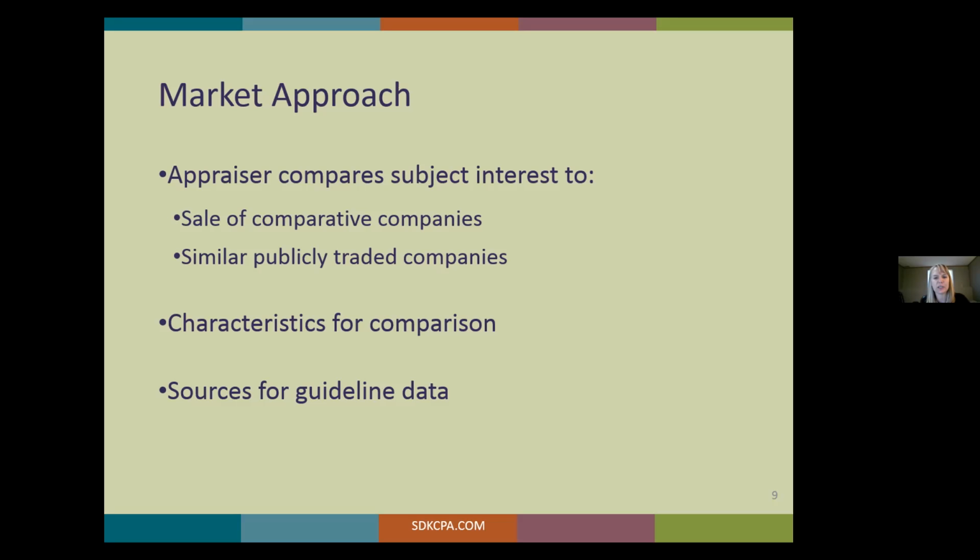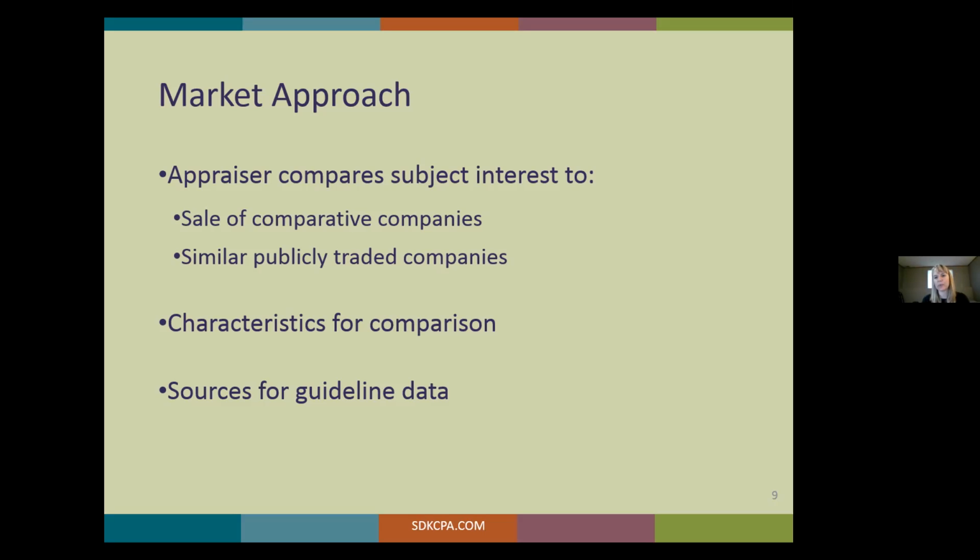And we'll also look at the financial ratios of the public or the comparable company to your company to see if they have similar gross profit percentages or similar net income percentages for comparability, as well as looking at historical trends and expectations for growth.